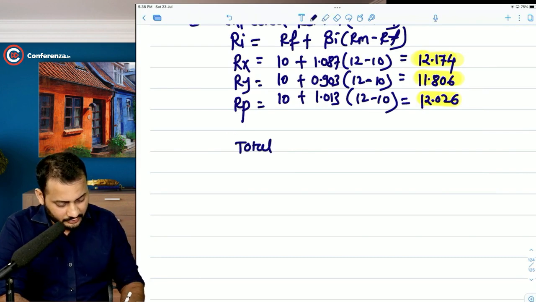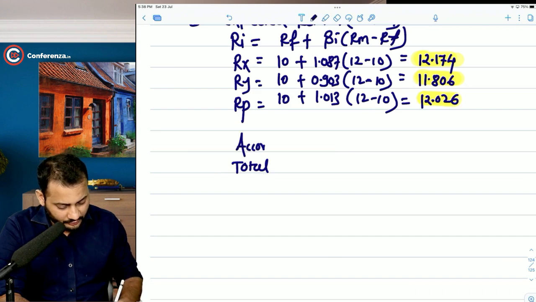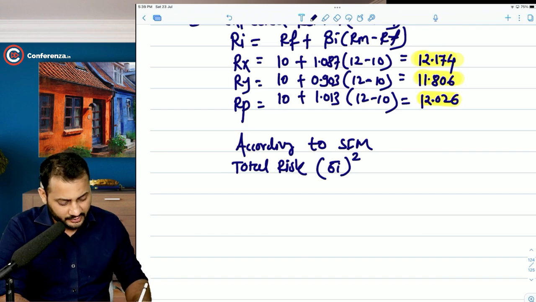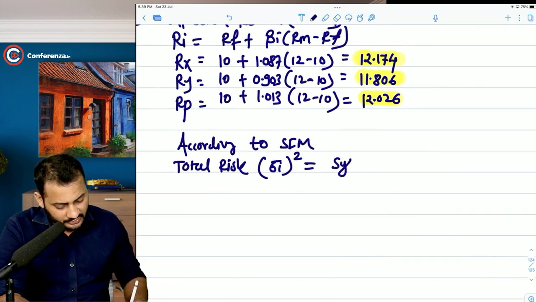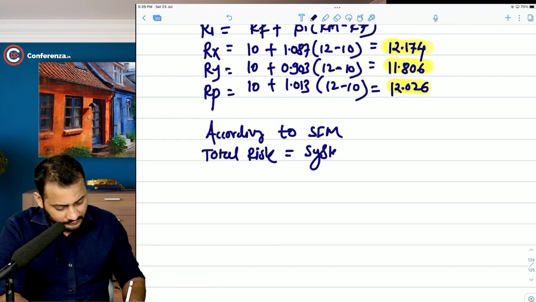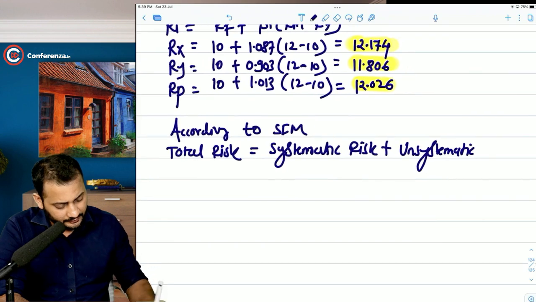Total risk, or first we will write down according to Sharpe's index model, total risk given in the standard deviation of I square format is equal to systematic risk, or we will write down the formula below this. Systematic risk plus unsystematic risk.